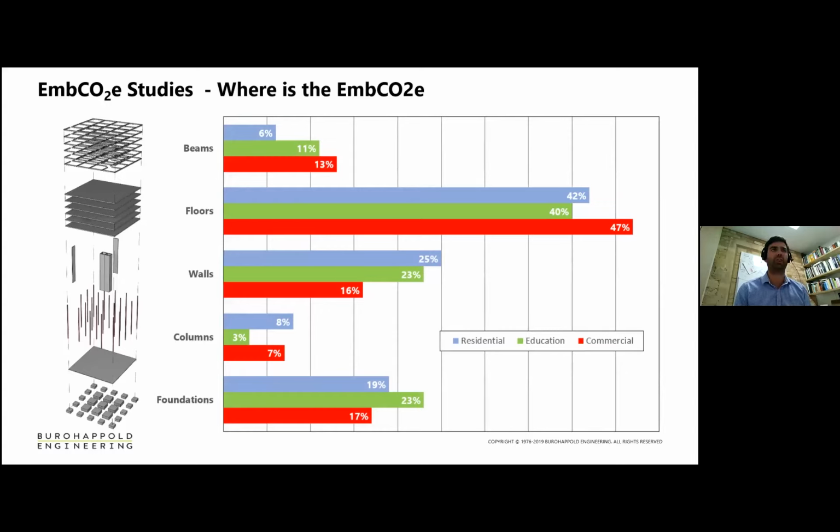It helps us understand our approach and where the target for potential reduction in the building structure is. Clearly a common theme, no matter what methodology has been used, is that the floors of a building contain by far the largest proportion of the embodied carbon.